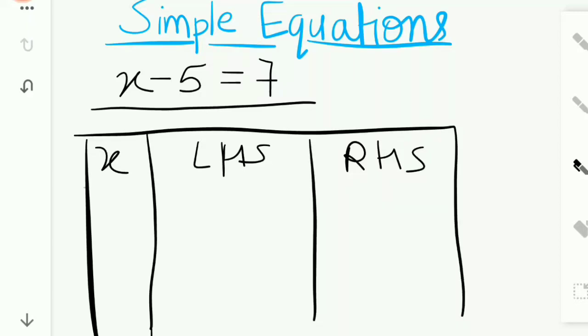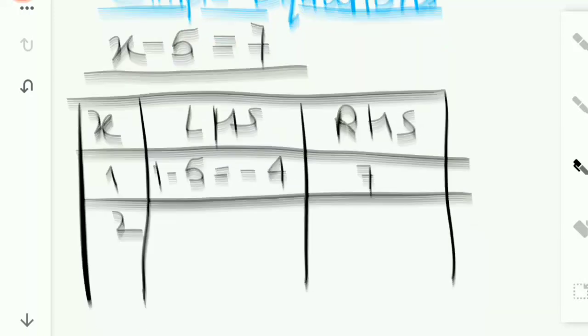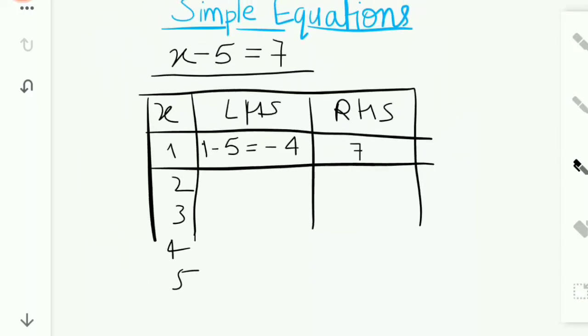Now here x equal to 1, so LHS equal to 1 minus 5 equal to minus 4, RHS 7. From here it goes to 2, 3, 4, 5, and will come to 0 and 7.